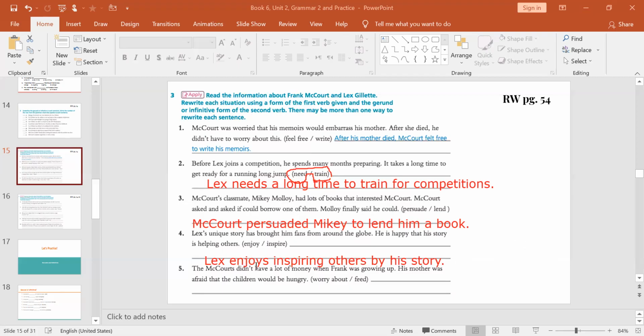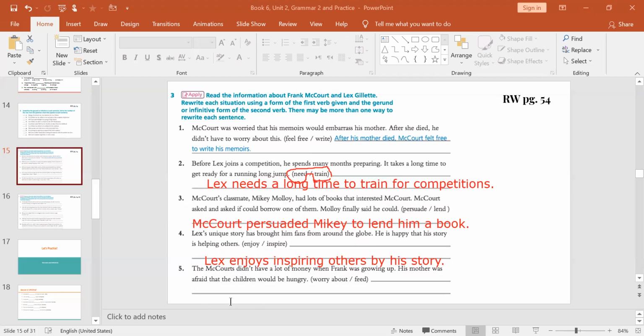And so again, we're using the present tense, and then we use inspiring because it fits more adequately with the sentence and also the instructions, and inspiring others by a story. And again, there are many options that you could have chosen from.